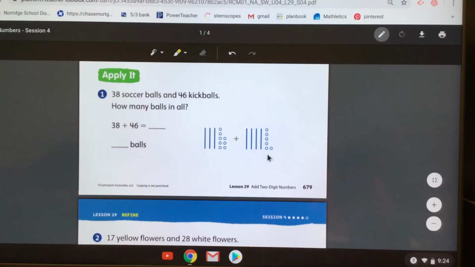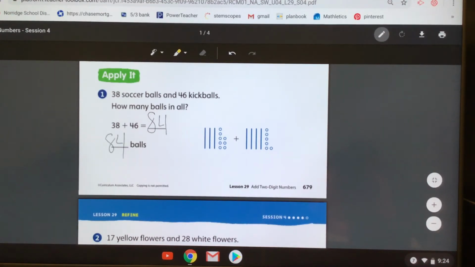This is the strategy that they're having you do. So 10, 20, 30, 40, 50, 60, 70, 71, 72, 73, 74, 75, 76, 77, 78, 79, 80, 81, 82, 83, 84. So that is 84. There's 84 balls in all.